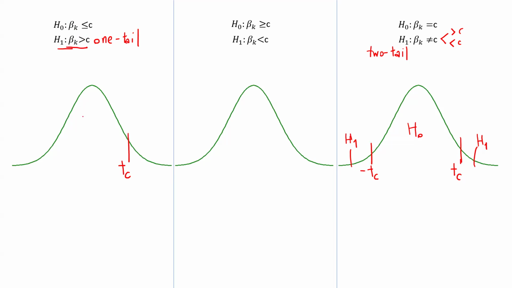If your value is in this area, H naught; in that area, H1. Again, less than is one tail on the left, and you have to set minus. Here is H naught, here is H1. This is a summary of how to draw a normal distribution.